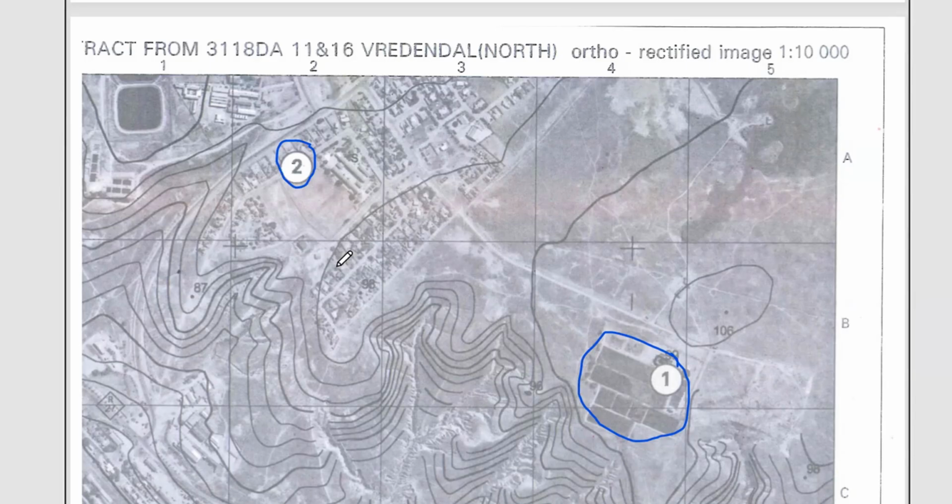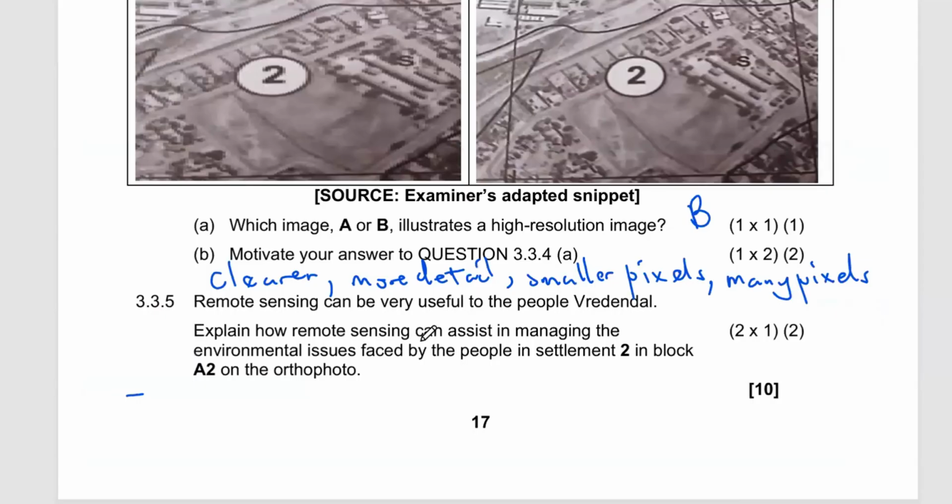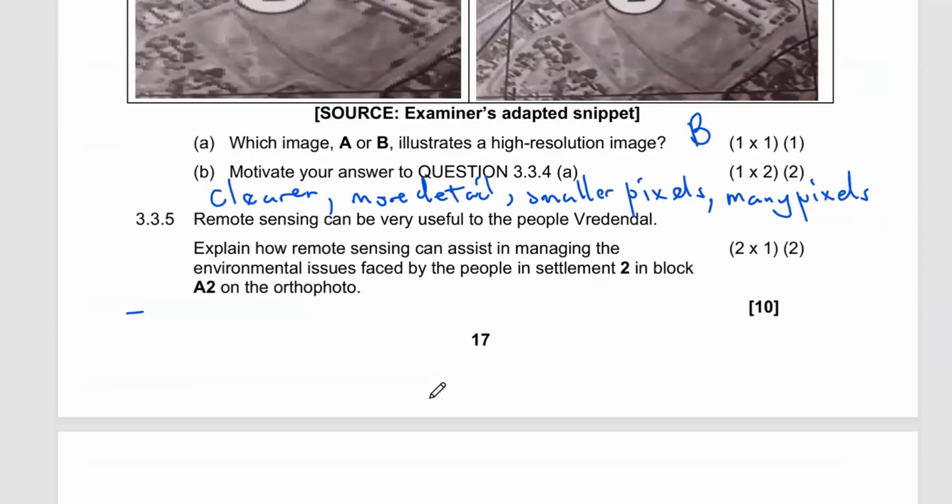Right. So what can be done using remote sensing? Try and find solutions to typical problems caused by the effect of the sewage works on their lives. Right. We can talk of the collection of data, or monitoring.